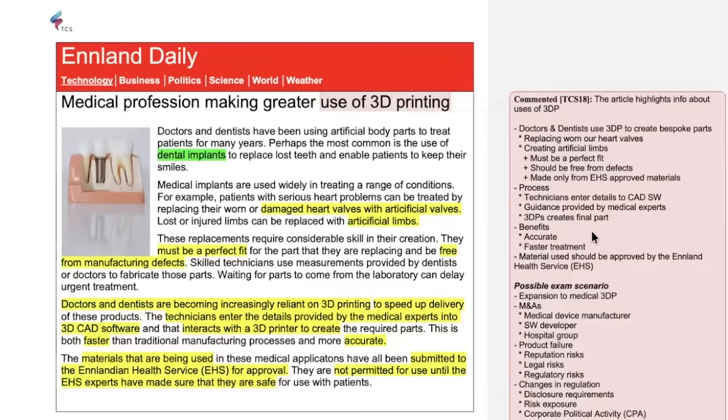And the benefit of using 3D printing within this industry is that 3D printed body parts are accurate compared to traditional artificial limbs. And this leads to faster treatment, because rather than relying on a third-party supplier, a hospital, for instance, can design and manufacture an artificial limb within the hospital premises. So you can provide accurate and faster treatment to patients.